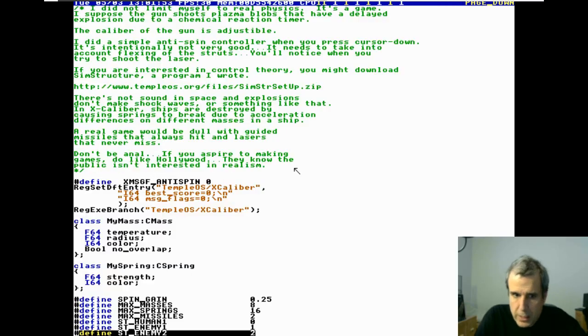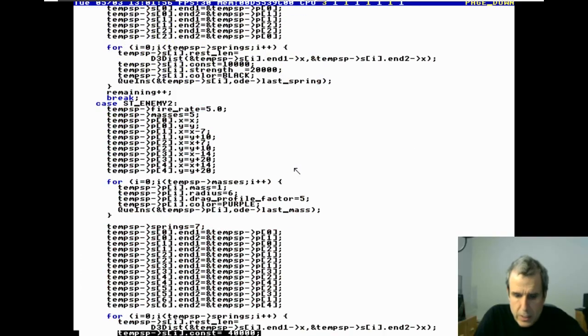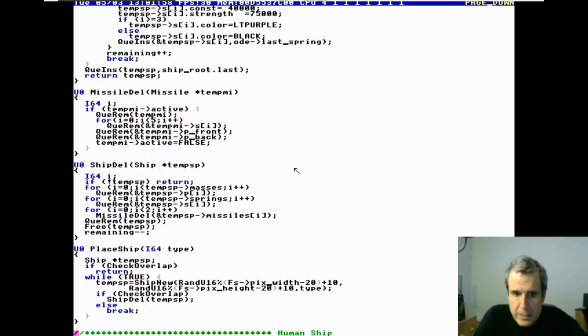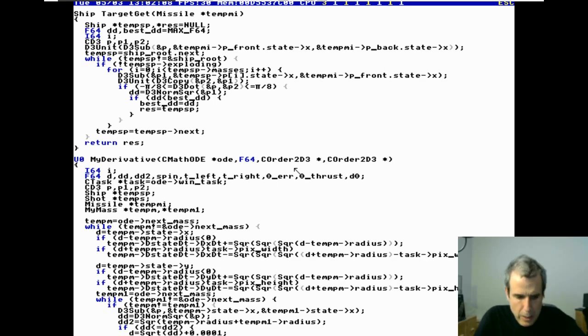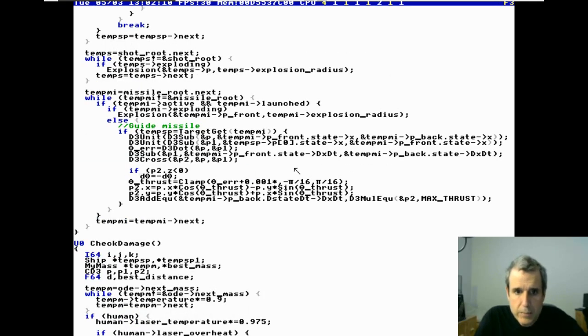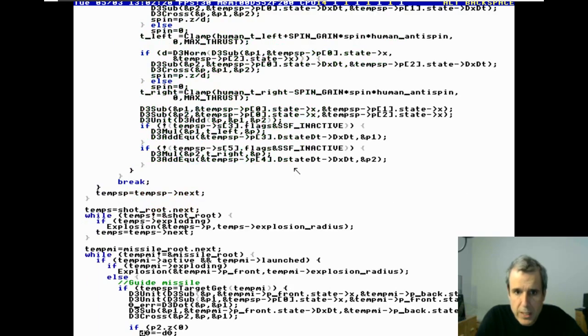I hit the wrong key. You son of a bitch. Alt backspace.